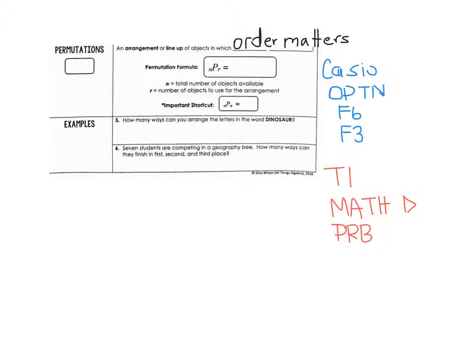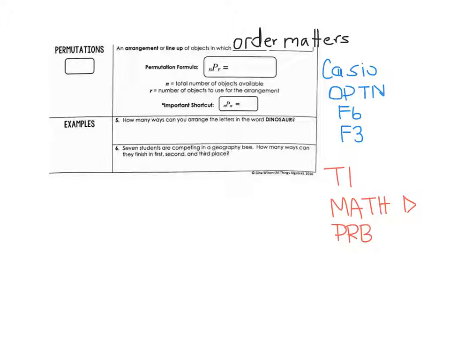And then below that, once you highlight PRB, you'll see your nPr formula and all the other formulas we need for this section. Again, you'll press in the number you need for n. Then you'll go to math and arrow over and get the symbol you need. And then you'll press in the number for r, and then you'll press your enter key, and the calculator will give you your answer.